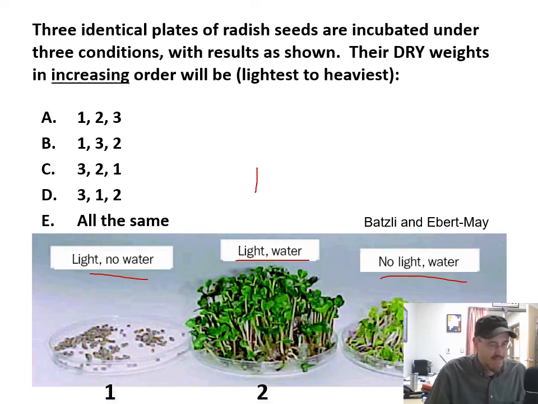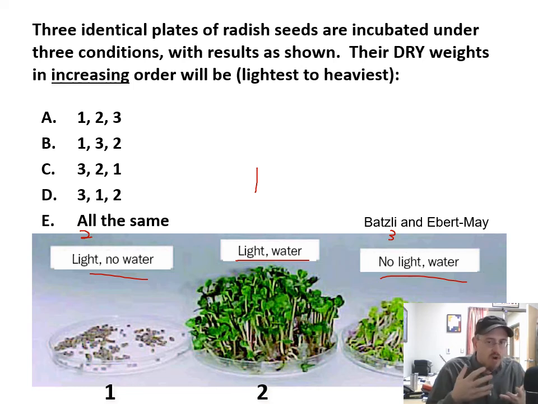The second heaviest one, the one that would weigh second in mass, would be this one. Number 2, the seeds all by themselves, and number 3, this one. Why? Well, those seeds contain a whole bunch of stored food for the embryo. So they're pretty heavy then, right?